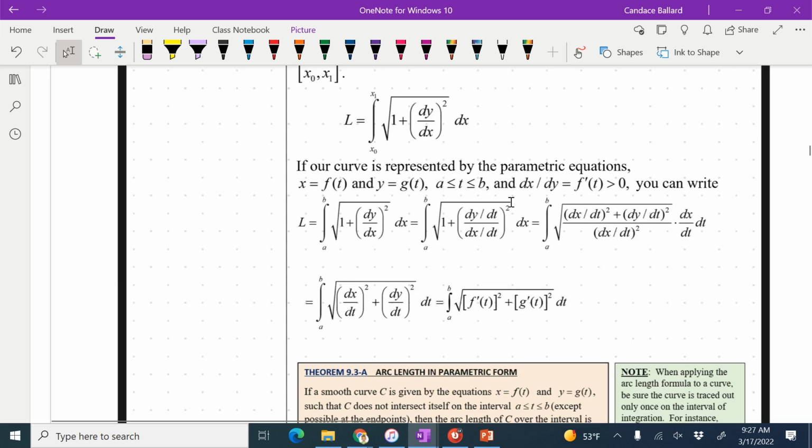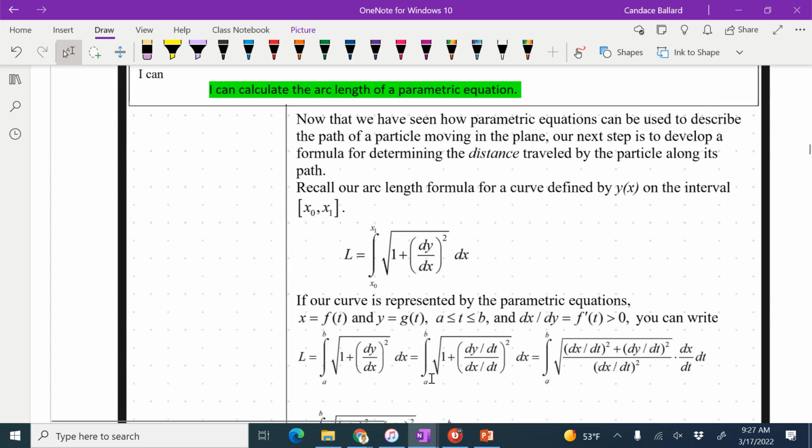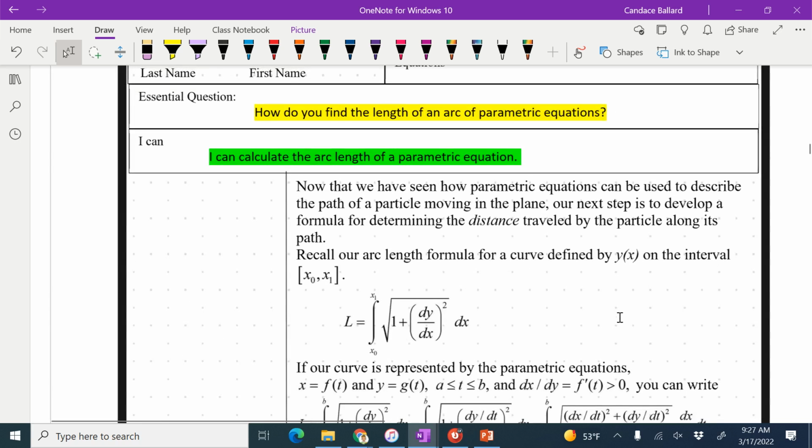So I want you to see if you can figure out where they get all of these substitutions in this formula. Okay, so I'm going to give you like 3 minutes to read through it, and then go back and make sure you really analyze that sequence of formulas there.